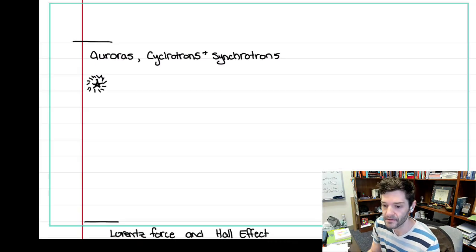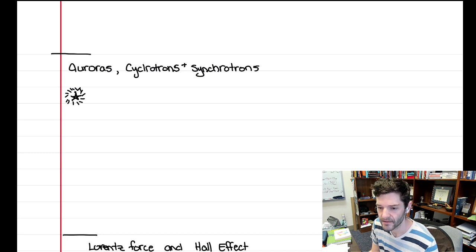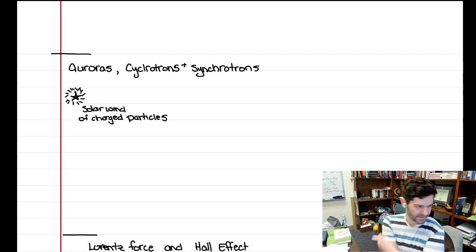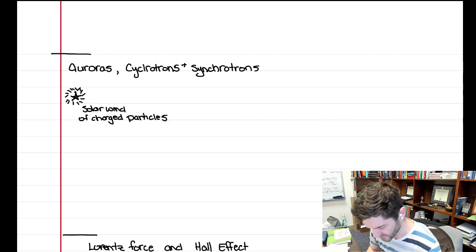So the sun exerts a solar wind of charged particles, something like several tons of pounds per second.